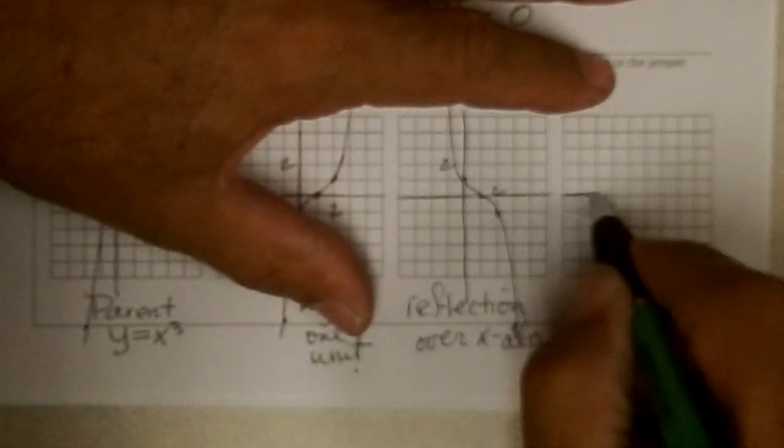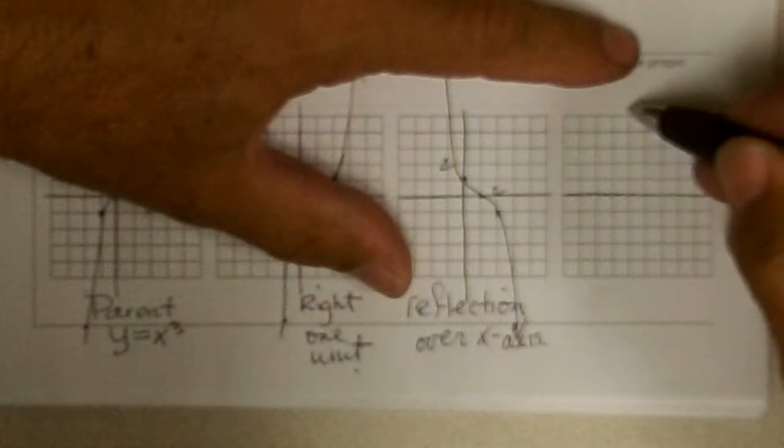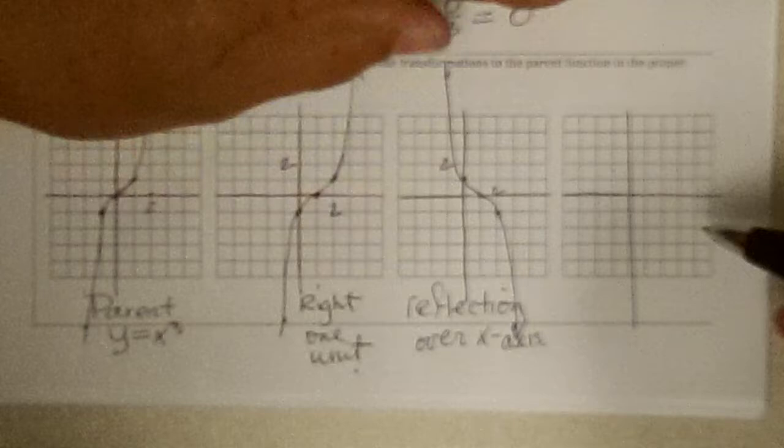And then we got to do the plus 2. It's on the outside, so it works vertically. It does it like it looks like it should, so plus 2 would move it all up 2, and so finally I would draw this curve up 2.